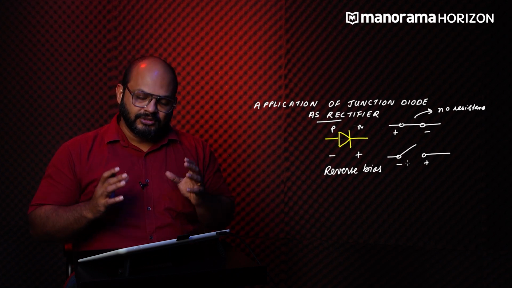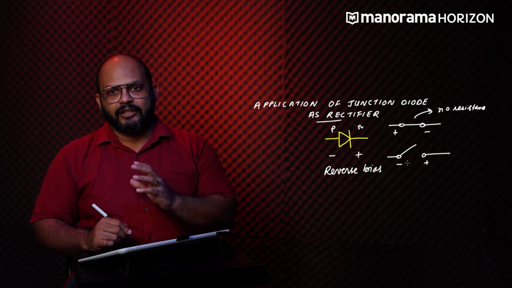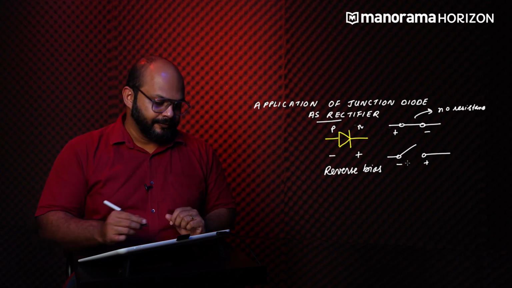So how do we use this device in a circuit to achieve rectification? Let's see in detail. Let's say that we have a transformer. So here is my transformer. It has a primary coil, and here is a secondary coil.